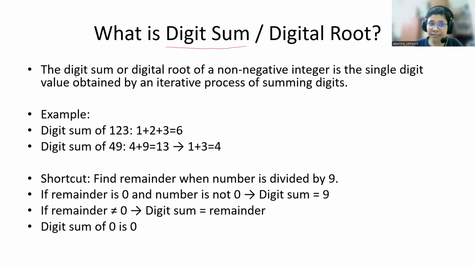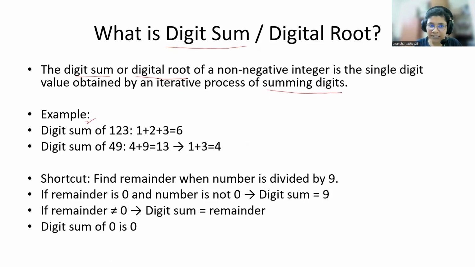So, digit sum or digit root of a non-negative integer is a single digit value obtained by an iterative process of summing the digits. Yes, so digit sum is nothing but you just have to keep on summing up the digits.